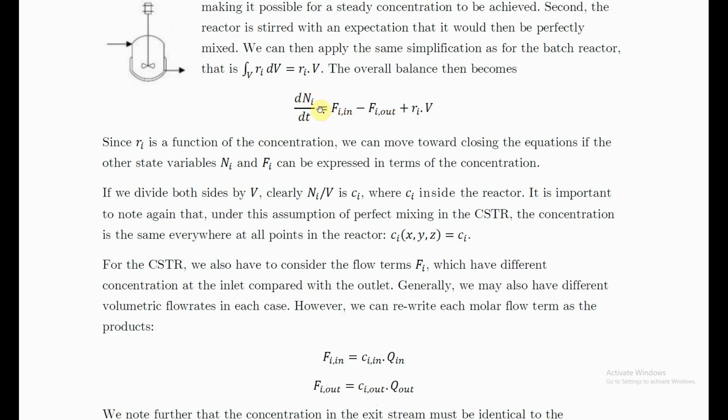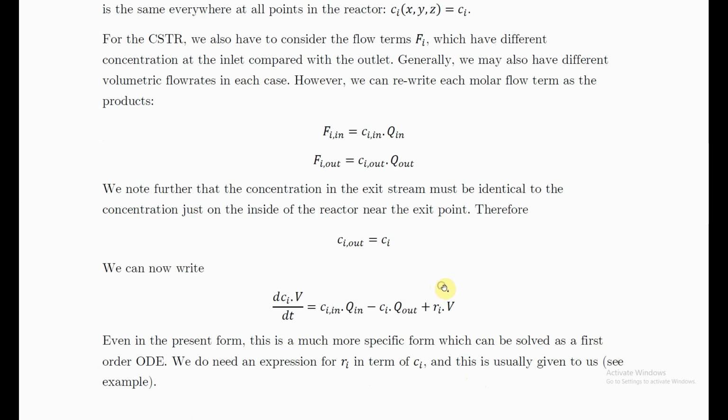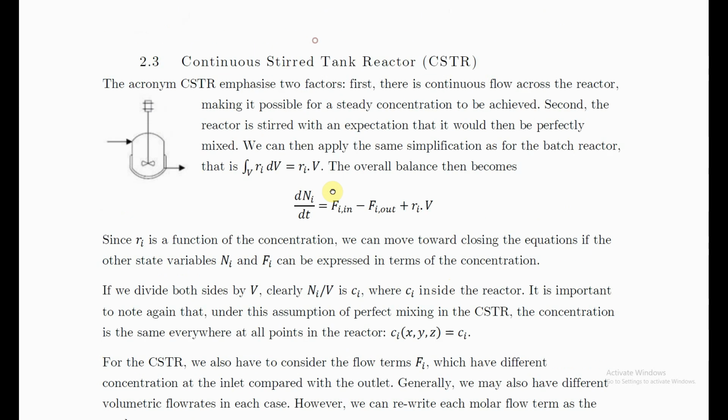We expect that the N we can relate to a concentration in the same way: Ni equals Ci times V. So anyway, that's what we do here, right? So the number of moles equals the concentration in the reactor multiplied with the volume. And again, there we want to be careful.